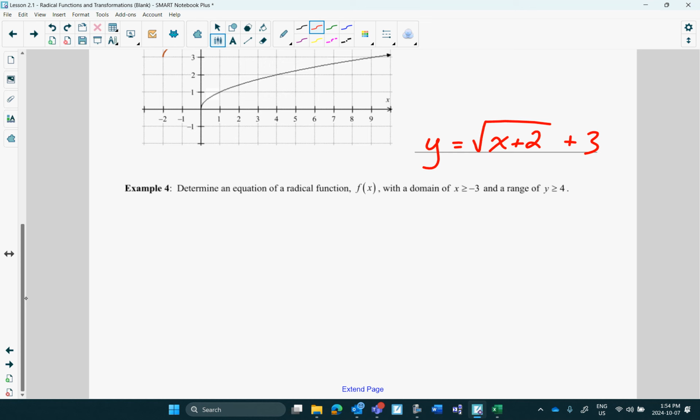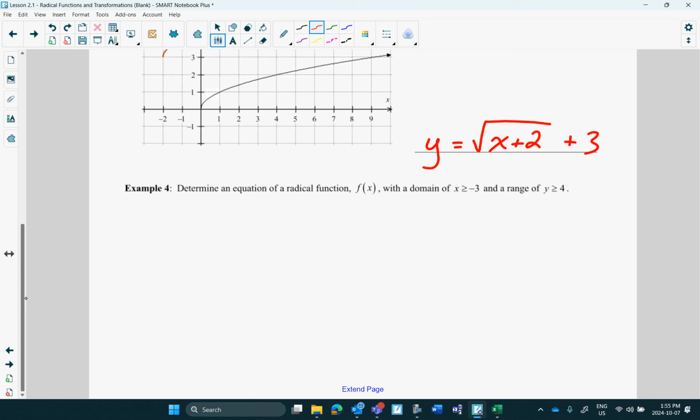Say it again. So go over 3. Why don't we, do you think a graph might help? If I could see it on a graph?